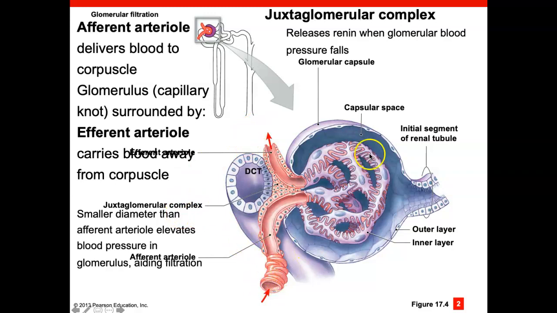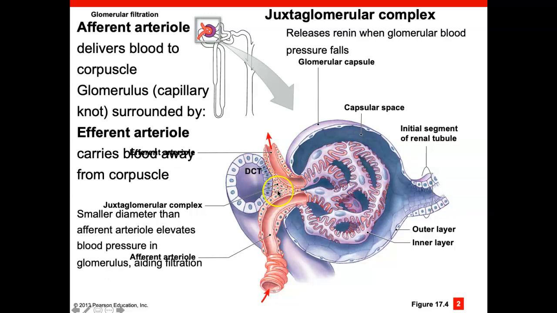So here we are back at the glomerular capsule, and the afferent arteriole is coming in, forming this glomerulus, and there's our efferent arteriole taking blood out. That will form the peritubular capillaries. Well, right here, at this region here, is an area called the juxtaglomerular apparatus.